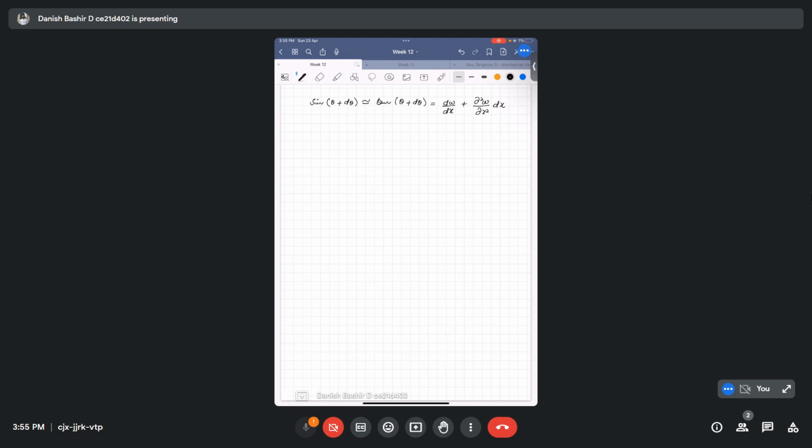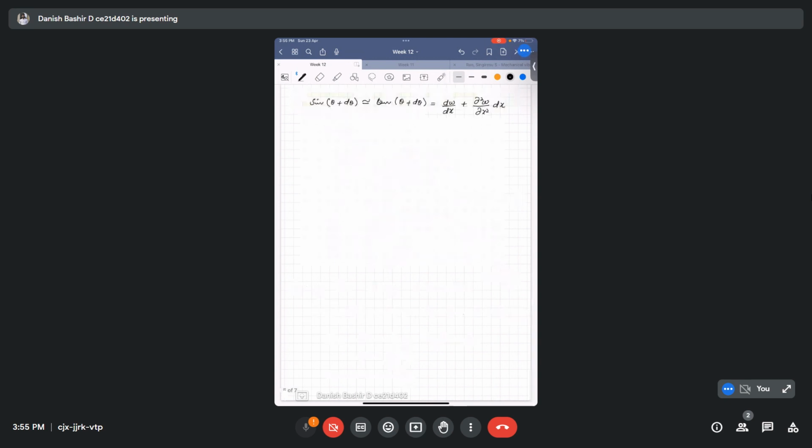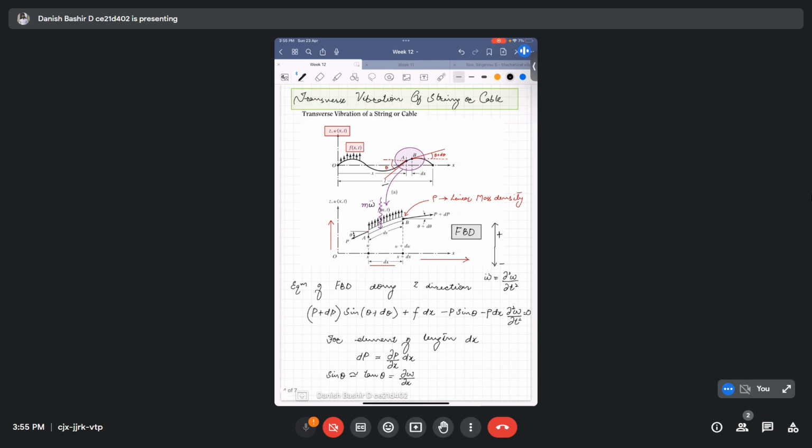So if we substitute sine theta plus d theta here, this is equation first.